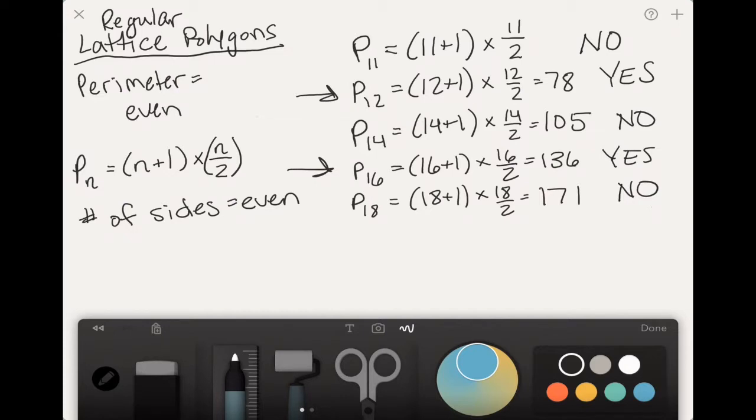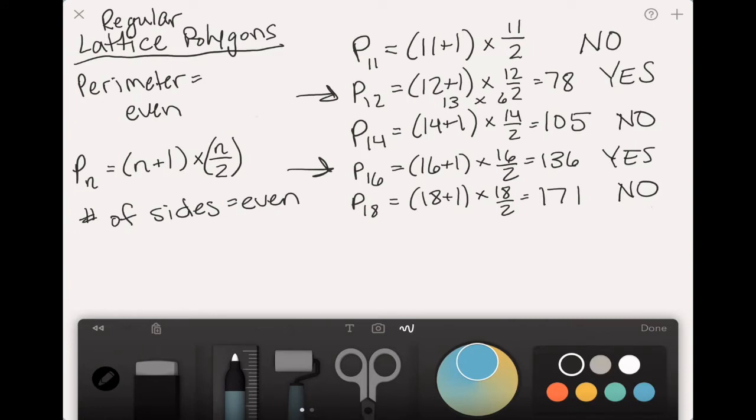Can we find a logical reason for that, which could point to a general rule that we could prove to be true? Well, when n is 12, our formula results in an odd number times an even number. So we had 13 times 6. And that gives us an even product.